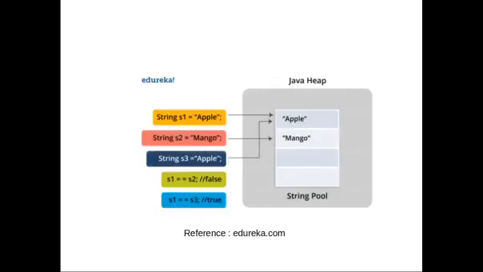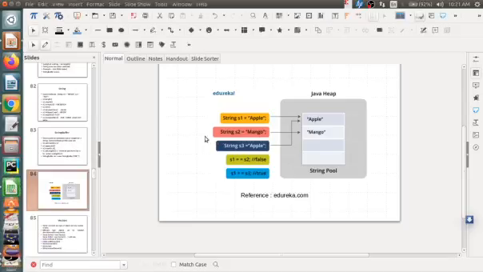So this will simply refer to that address. This is all about how they are stored. This is not how regular data types or other objects are stored inside the memory or heap.